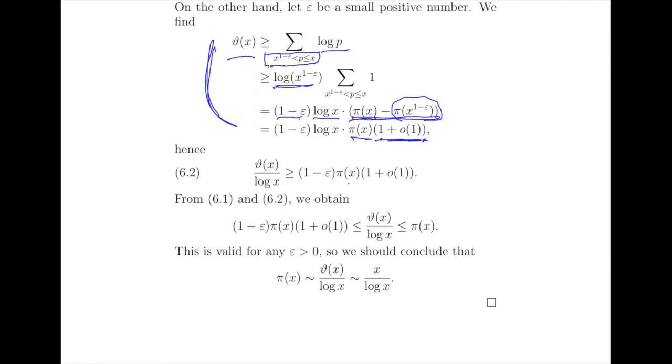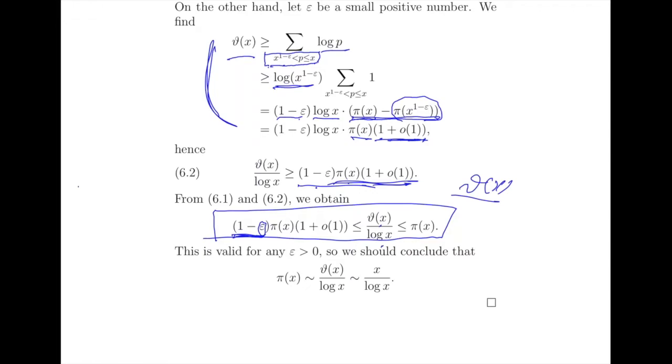So therefore, combining this inequality and the previous inequality of the opposite direction, we now know this two-sided inequalities, and epsilon can be taken arbitrarily small, and then this goes to 1.